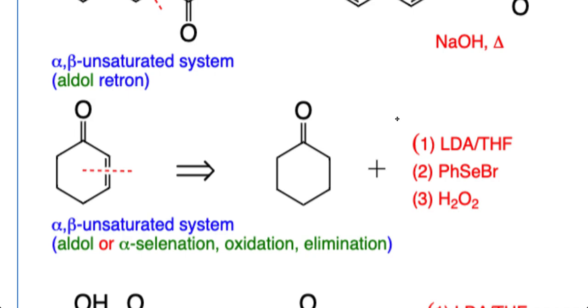So I can't show that either. So all we have is this, and essentially it goes to this molecule over here with the double bond between the alpha and beta carbons.